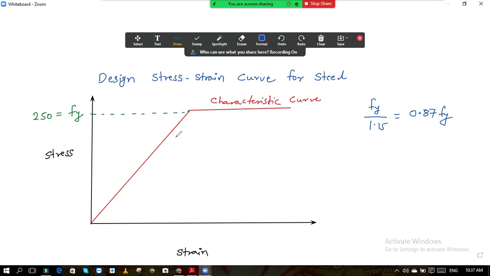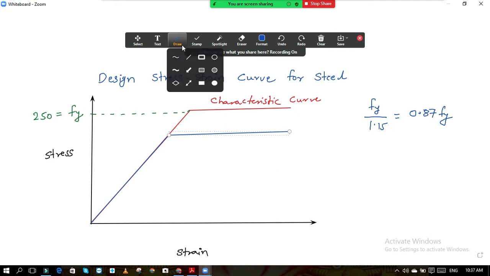So now if we draw the design curve, up to this point it will be the same. It will start from here, again the same up to this point, but it is 0.87 Fy. So from here you will get the design curve like this. This is your design curve.